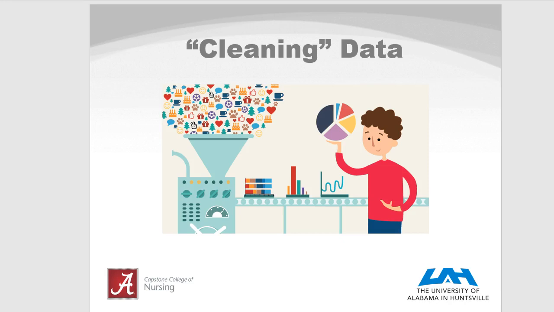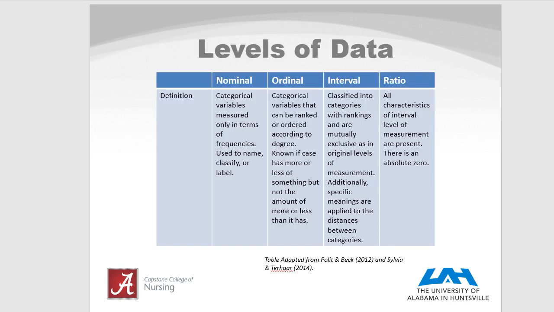Now in your module, before we get too far into this, we need to consider the levels of data. So we talked a little bit about this before. Data is considered the nominal, ordinal, interval, or ratio level. I have a very concise little table there in the module.